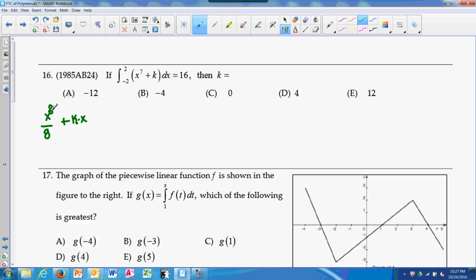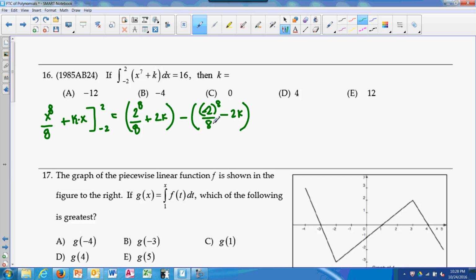So remember, the derivative of this should equal what was inside the integral. So the derivative of a constant times x is just the constant. From negative 2 to 2. So if I substitute 2 in, I get 2 to the 8th over 8 plus 2k minus negative 2 to the 8th over 8 minus 2k.